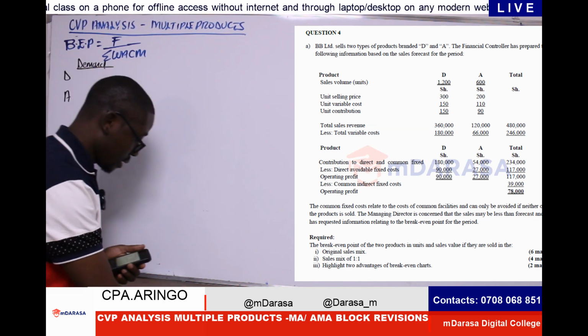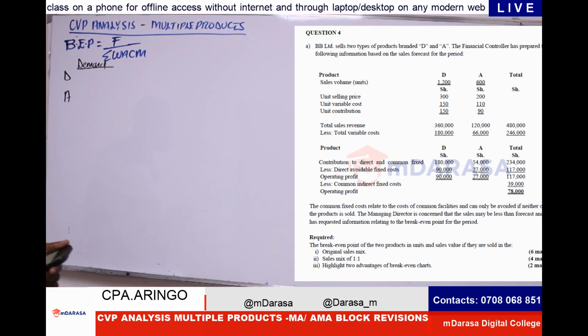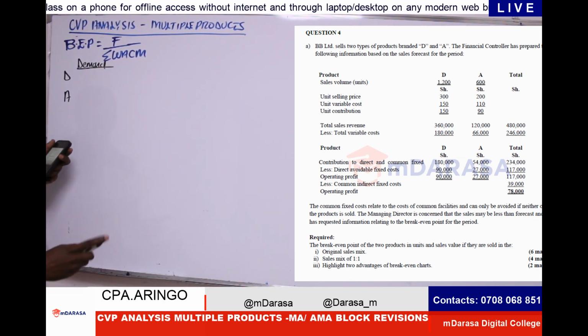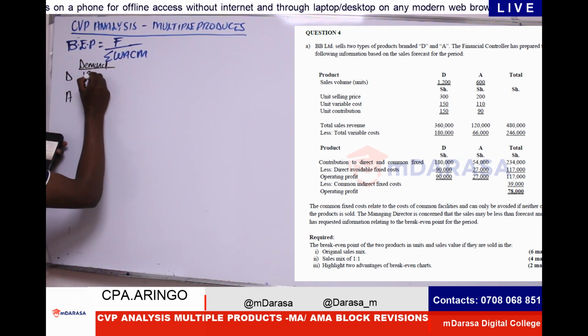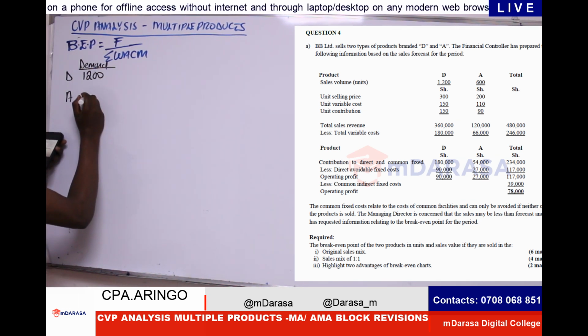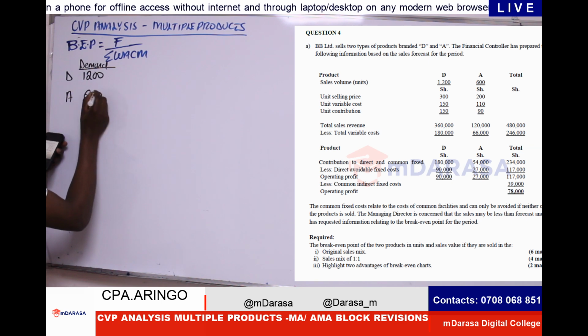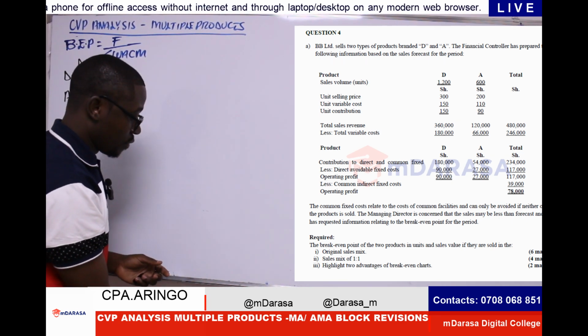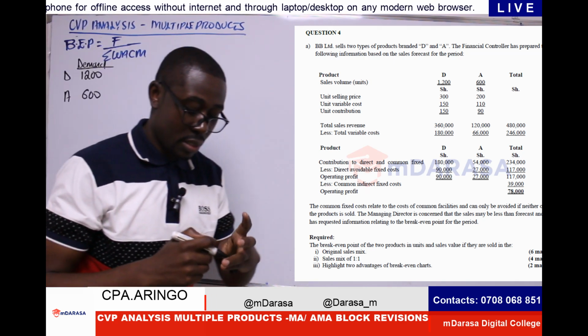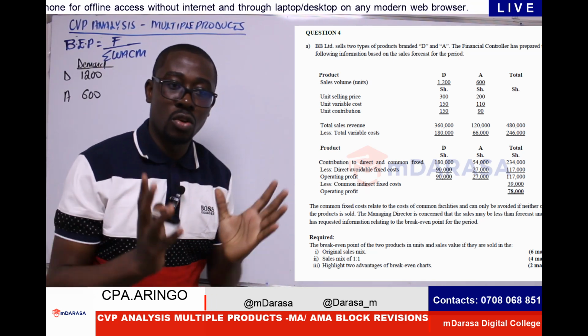In this case, you're given a demand of 1200 for product D and 600 for product A.